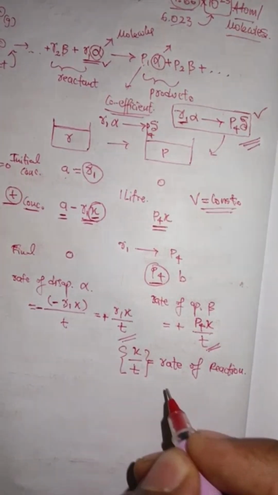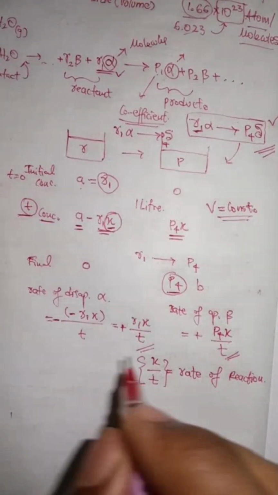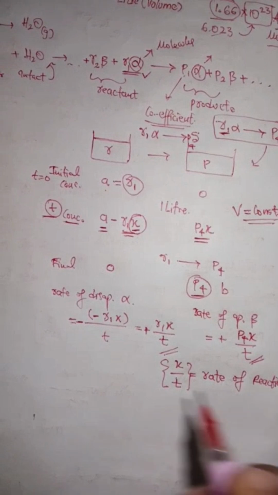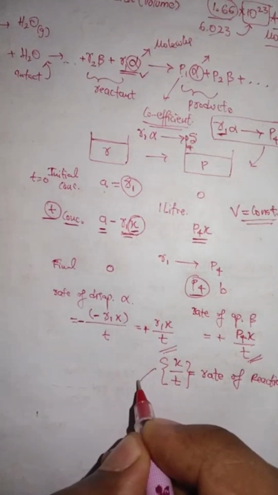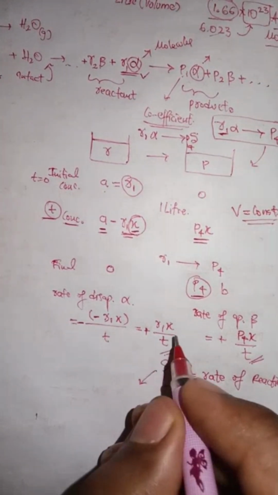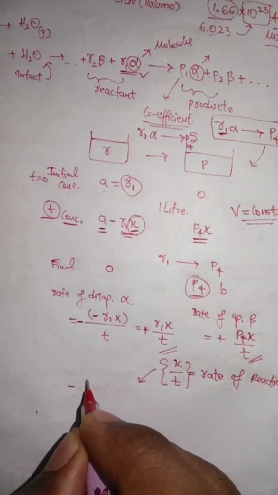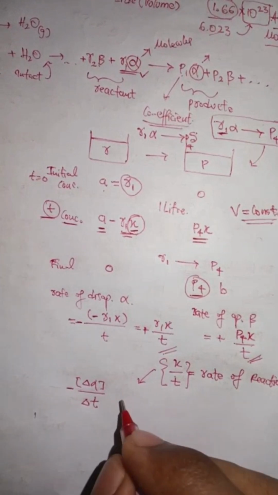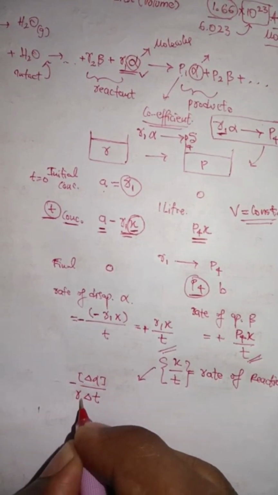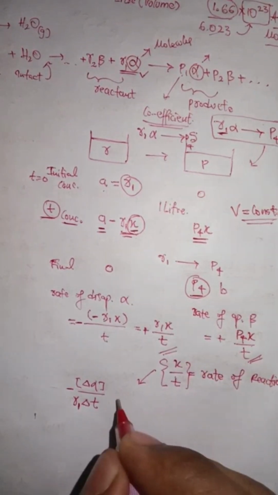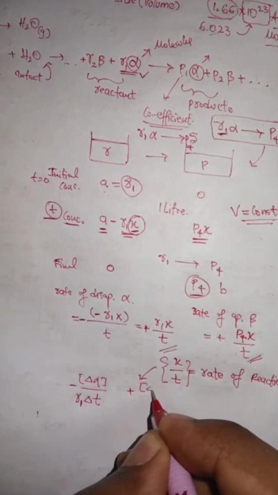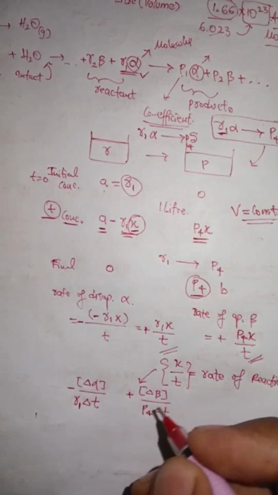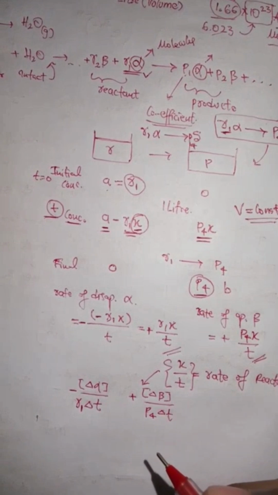It's a unique value that we could get, which is not dependent on the product side or reactant side. So to get the rate of reaction this way, we need to divide minus delta alpha divided by delta t by R1 to get x by t, and plus delta beta divided by delta t by P4 to get x by t.